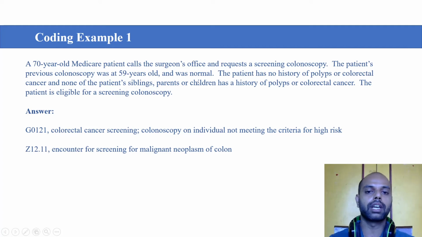Here they have mentioned the patient does not have any previous history and there is no family history. So the patient is not meeting the high risk. So the correct HCPCS level 2 code for this scenario is Z0121, and this is for the purpose of screening. So the correct diagnosis is Z12.11.